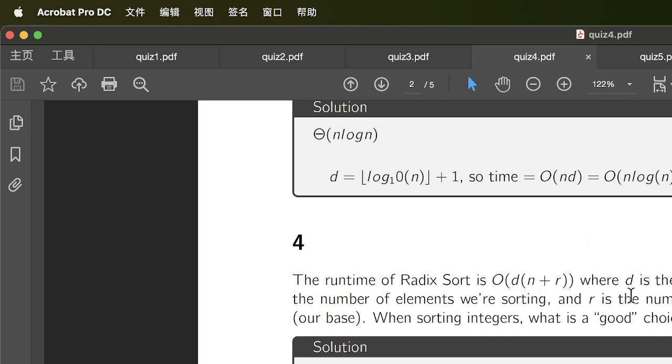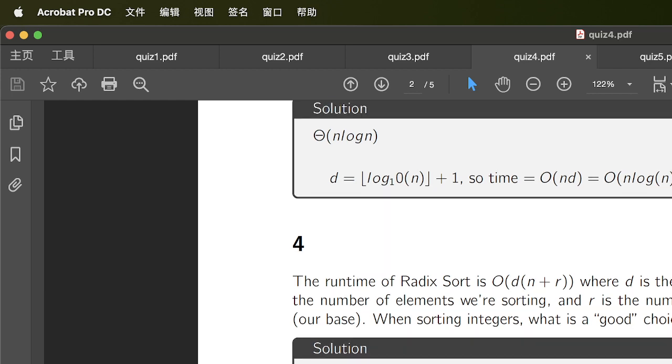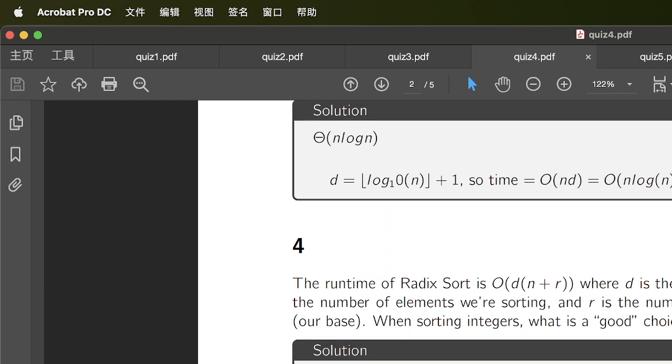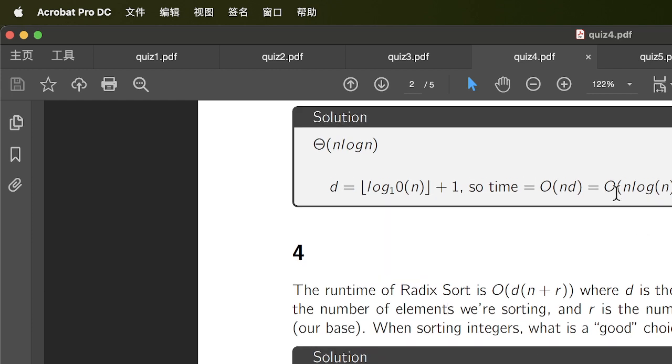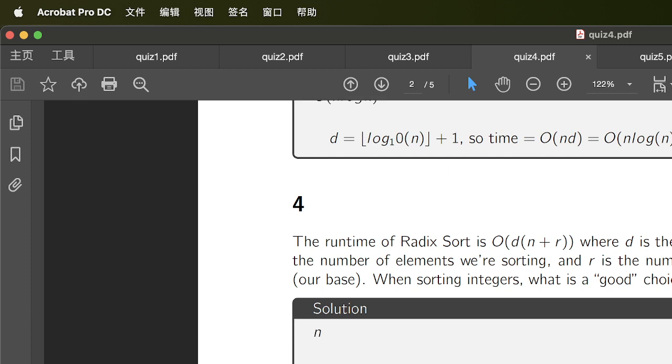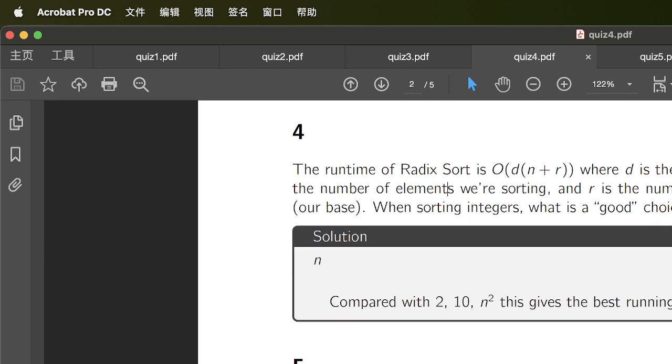We can get all of n time. So if we put 2 and 10, we're going to get O of n log n, right? And if we put n squared here, we will get O of n squared, right? So if we put n, we will get the best running time, which is O of n.